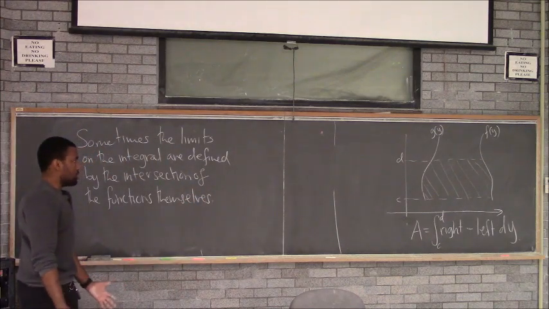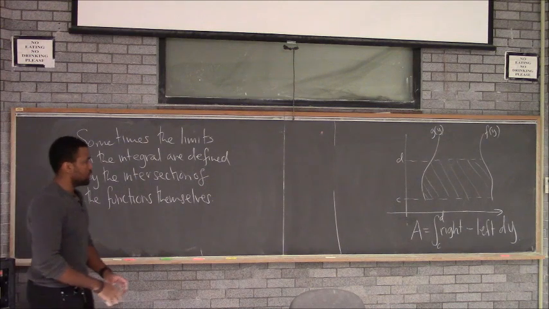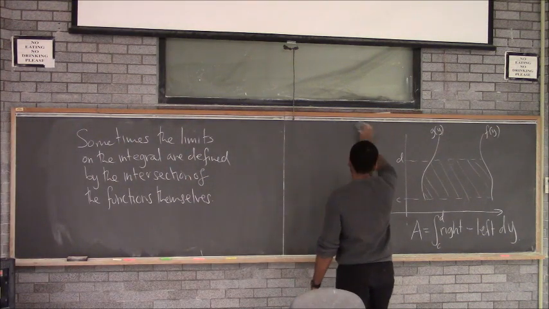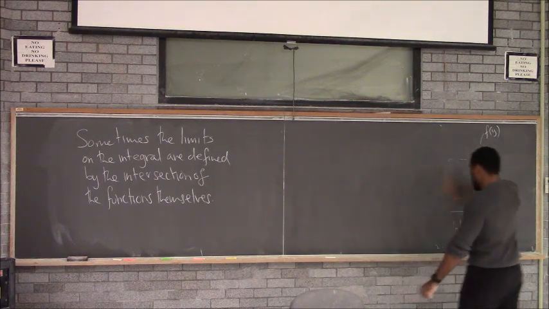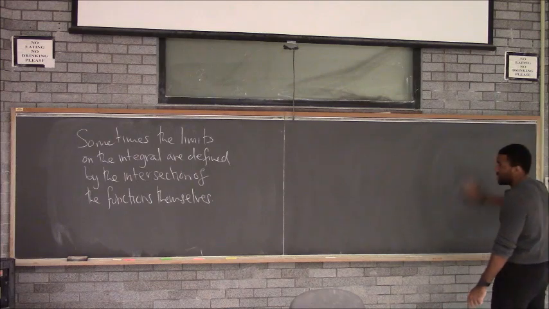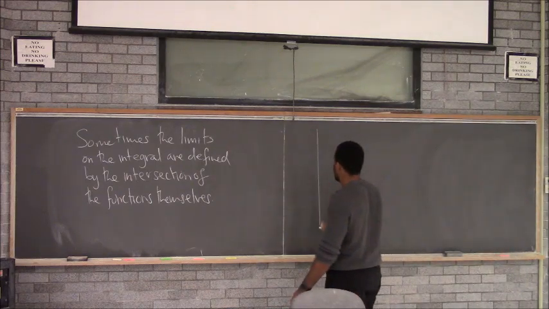So sometimes you're not going to be given a and b. We're just going to tell you about two functions, and we're going to say something like, find the area bounded between the two functions. And basically what you're going to do is figure out where these two functions intersect.